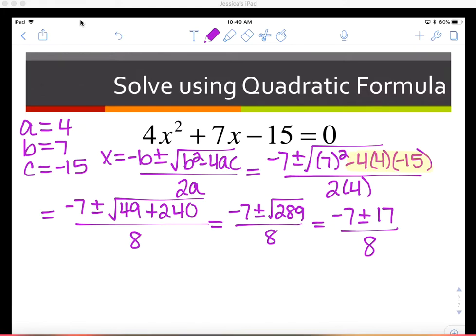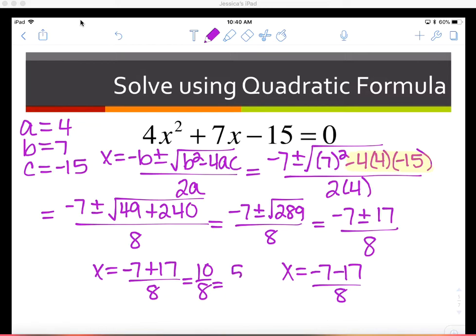Now from here, I have two answers. I have negative 7 plus 17 over 8, and I have negative 7 minus 17 over 8. The first one, 10 over 8, reduces to 5 over 4. The second one, negative 24 over 8, reduces to negative 3.